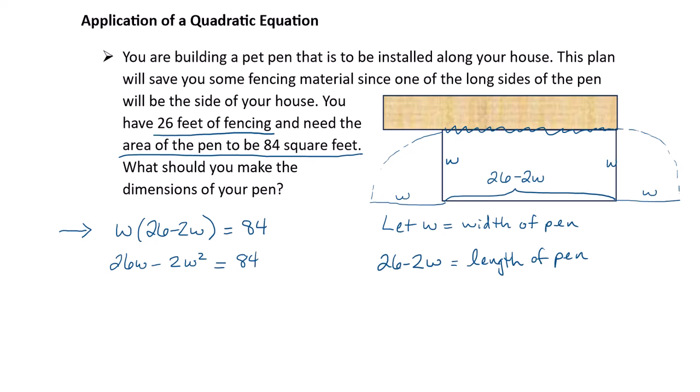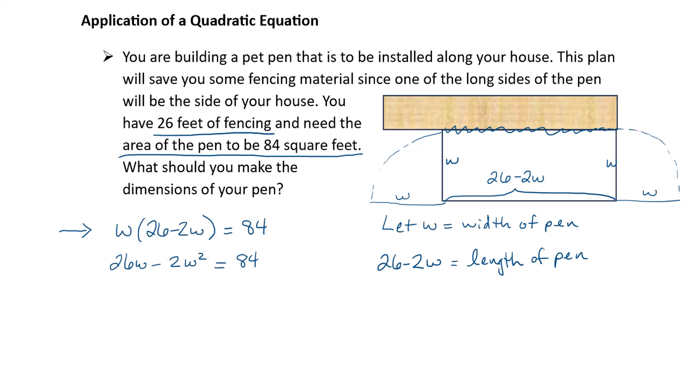Now it's quadratic, so my first attempt at this, I will try to factor. I'll need to get everything on one side equal to 0. So I'm going to subtract the 26w, and I'll add 2w squared to both sides.